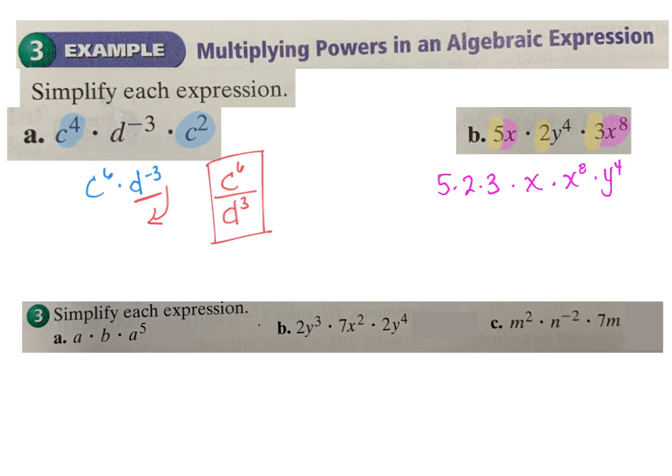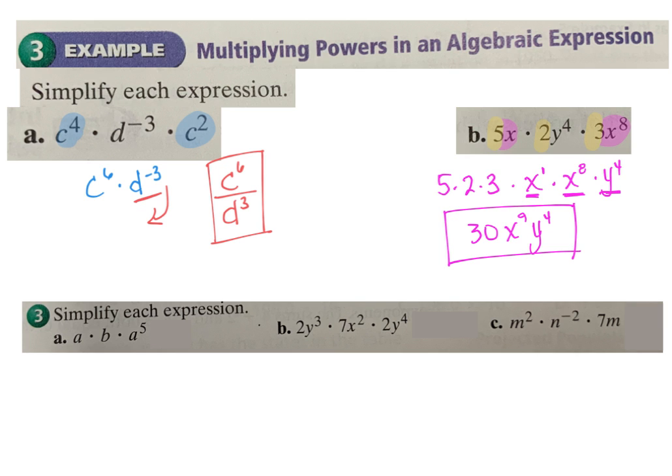And then our y really can't simplify with anything because it does not have a like base. And so we would say 5 times 2 times 3, that would give us 30 here. And then we would add for our exponents for our x's, the 1 and the 8 would give us x to the 9th. And then because our y doesn't simplify with anything, it would stay exactly the same.